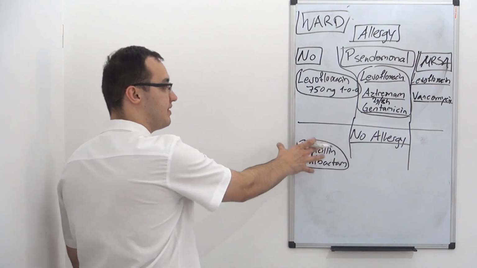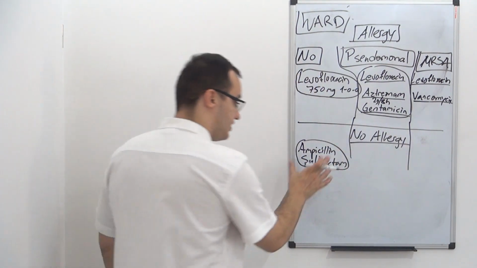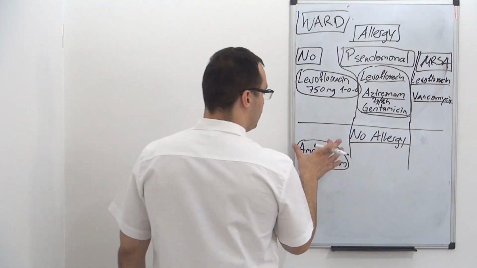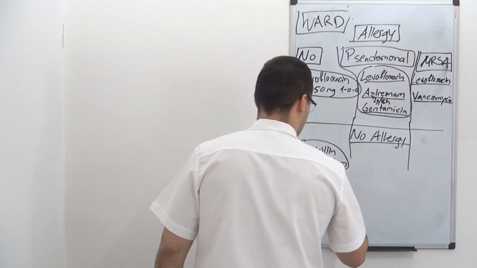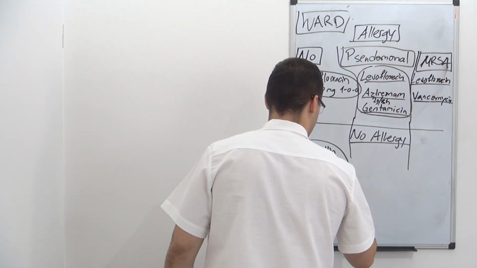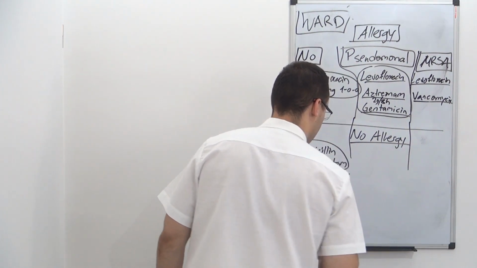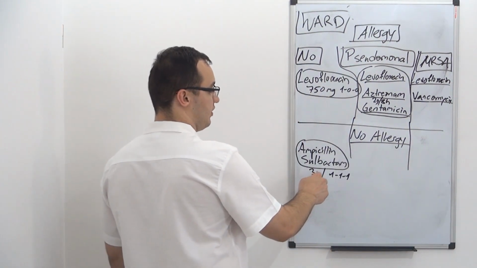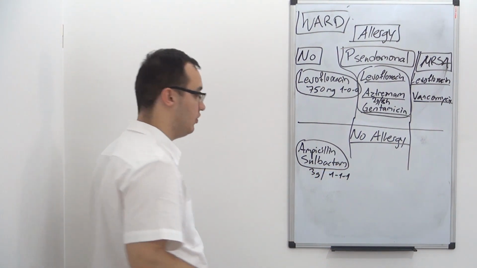Here we can use the beta-lactams. We said we don't have any allergy against beta-lactams, and this is a beta-lactam. And we will use ampicillin sulbactam, which is 3 gram per day. And this means that we have 1, 1, 1. We have 3 gram 3 times daily. Okay?